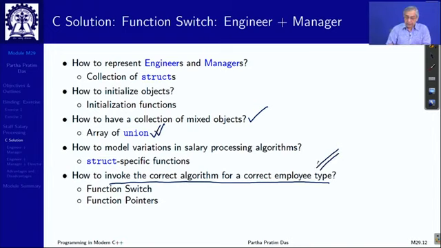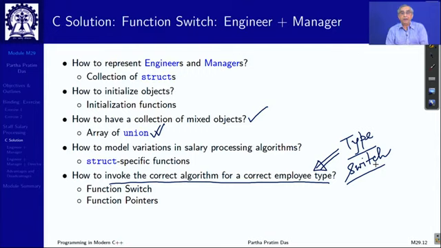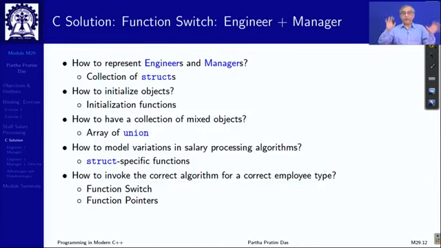This kind of requirement, where we make decisions based on the type of an object, is known as a type switch. We can implement that using a function switch or using function pointers. This is the basic level of analysis that goes into solving this problem.